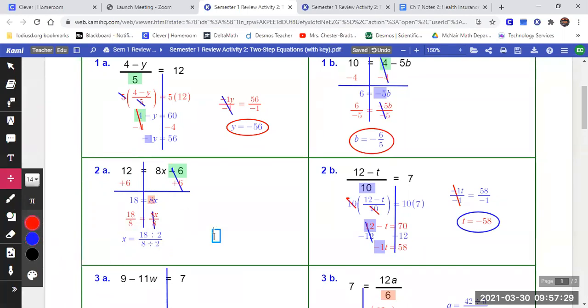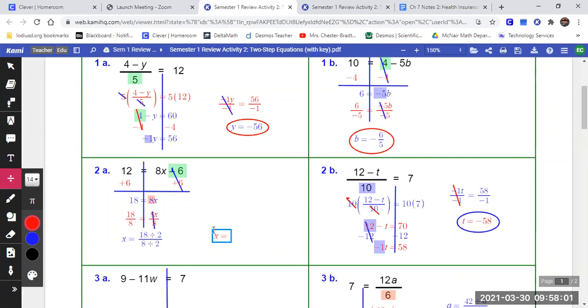So this says that my x equals 18 divided by 2, and 8 divided by 2. So what are we gonna get? Do the math. 18 divided by 2.